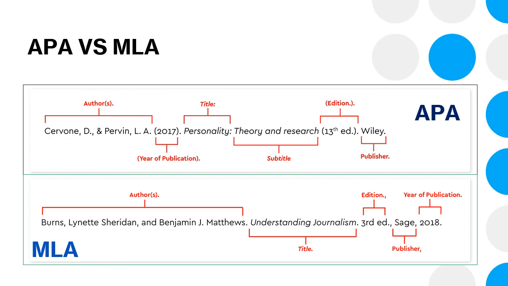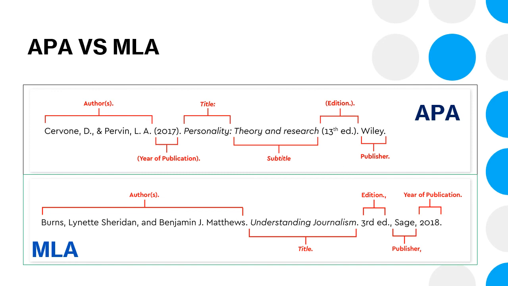Title is in the third position in APA style, whereas in MLA the title is in the second position. Subtitle is not included in MLA style, but subtitle is included in APA style. Edition is included in both, but finally the publisher comes at the end in APA, whereas the publisher comes at the second last position in MLA style.